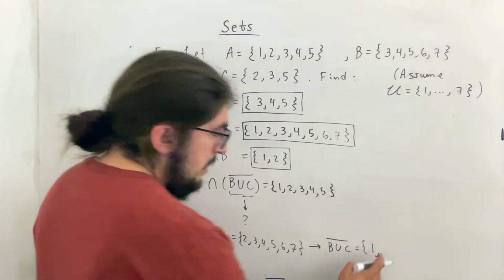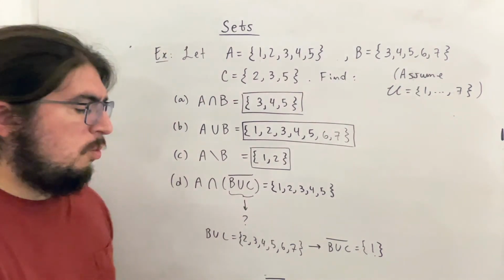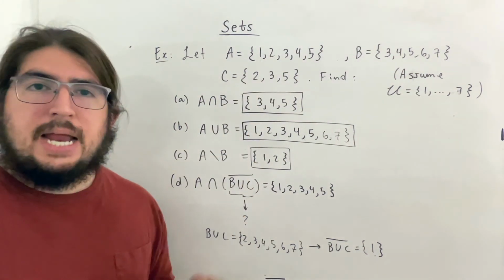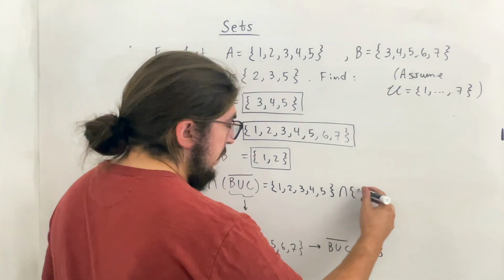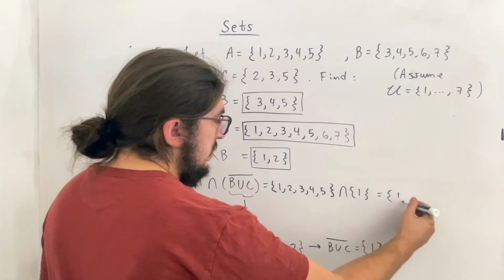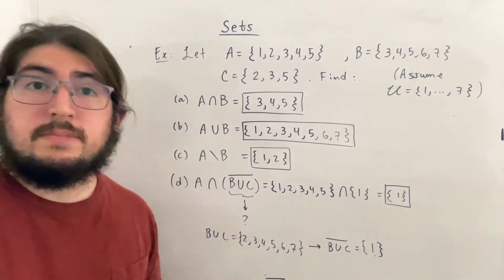With that being said, this would be the single element 1. 1 is the only thing that is not in the union of B and C. And that matters because when you take the intersection of A with that single element, the only thing they have in common is 1. So this is just a single element 1. If they had nothing in common, then this would be the empty set.